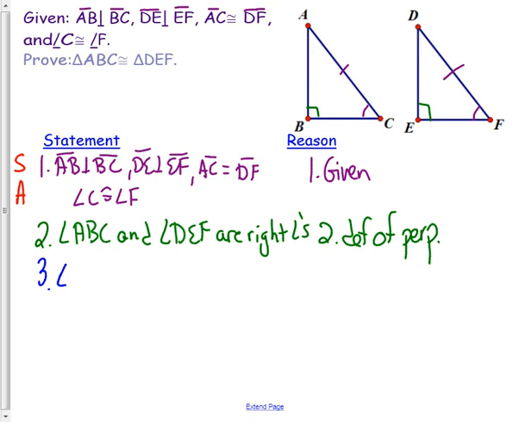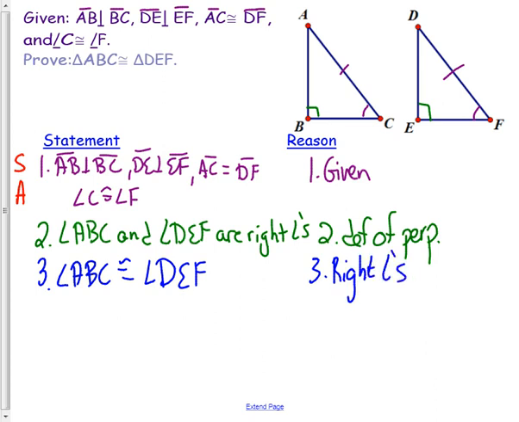So we will take this next step in saying angle ABC is congruent to angle DEF, and our reason being right angles theorem. Or you could say, if you can't remember the name, all right angles congruent. That is our reason why.